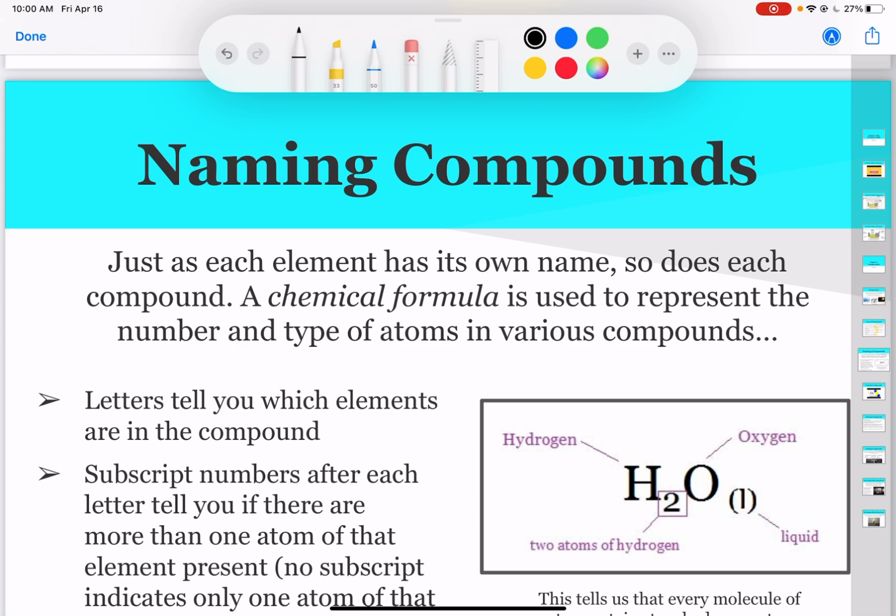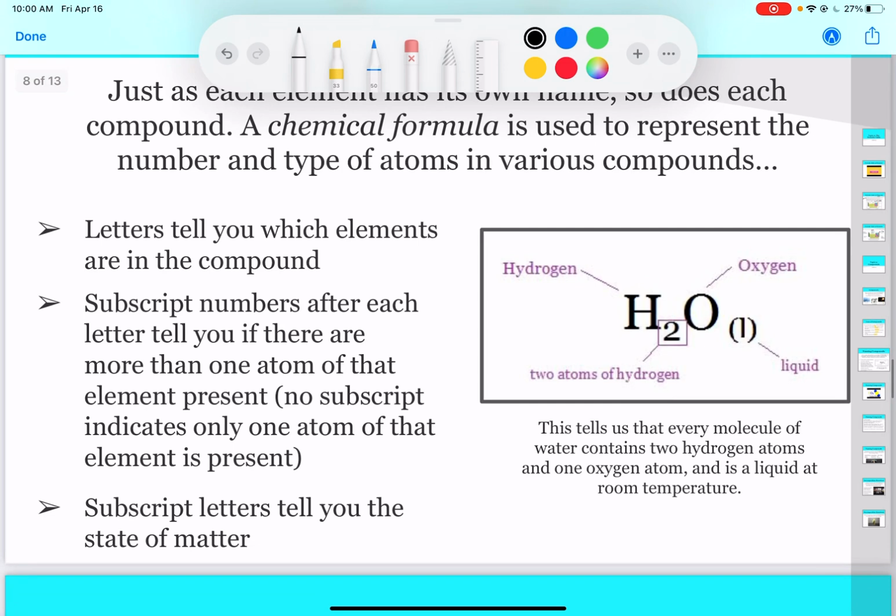So how we name these compounds, this is just as each element has its own name, so does each compound. A chemical formula is used to represent the number and type of atoms in various compounds. Letters tell you which elements are in the compound, and then the subscripts are those little numbers, like I said below.